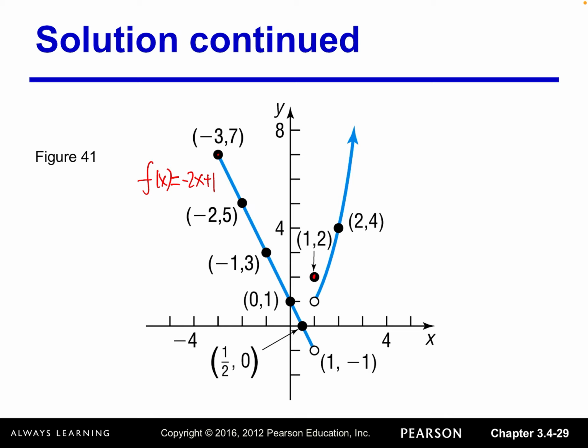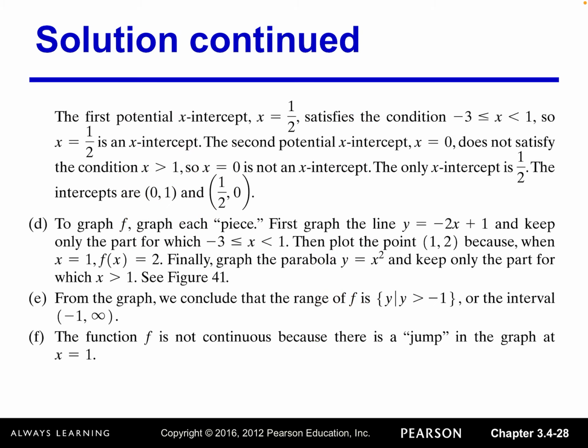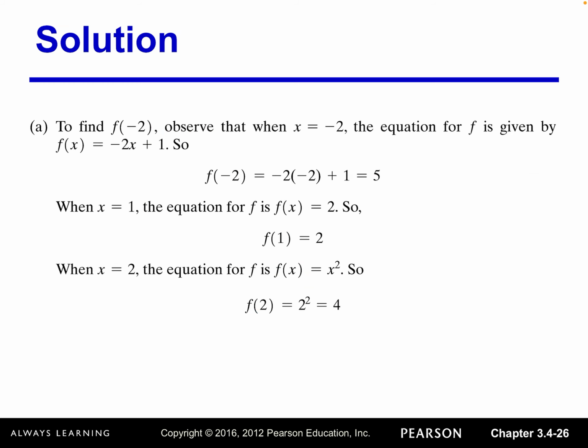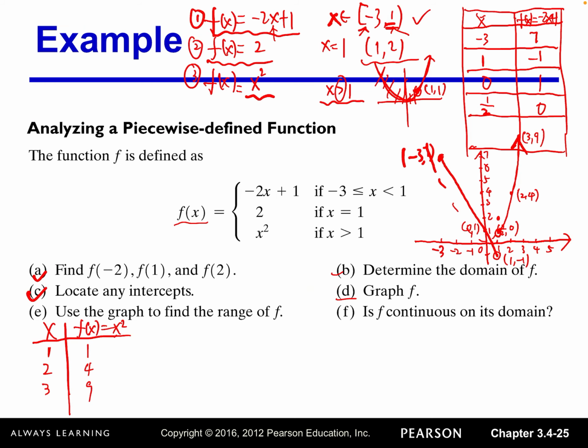And a single point (1, 2). And then the part of the parabola: the point (1, 1) is deducted from the parabola, and the arrow points to positive infinity. So that is the accurate graph. My graph is also correct, just not that perfect.